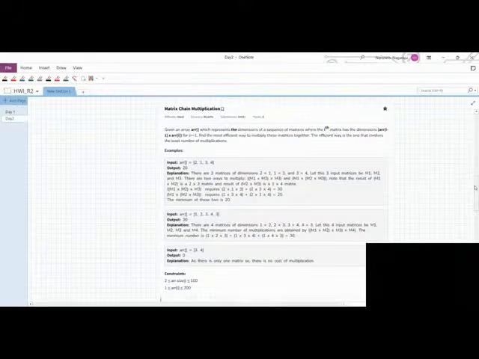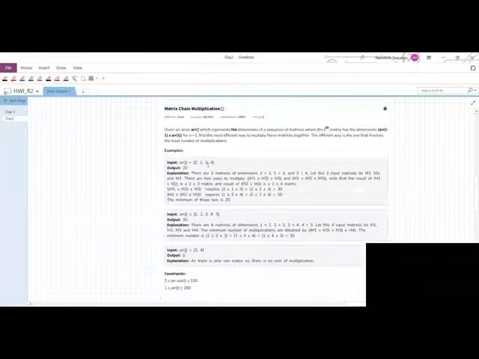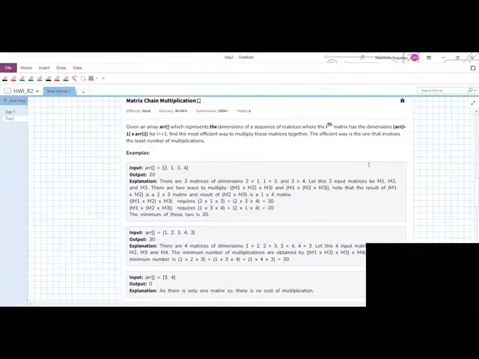In the question, they will give you an array. See, given an array which represents the dimensions of a sequence of matrices, where the ith matrix has the dimensions array of I minus 1 index into array of I.